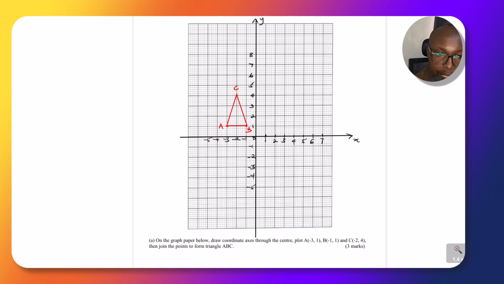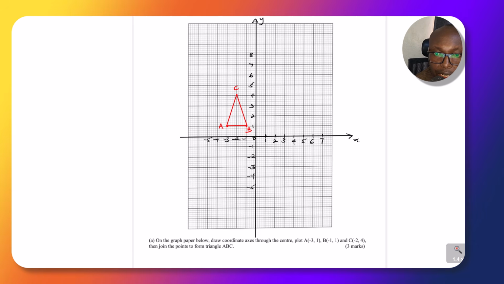We start with A. So A is here. The mirror line is here, the y-axis. We're going to count the number of unit squares from A to the mirror line. From A, we have 1, 2, 3 squares.